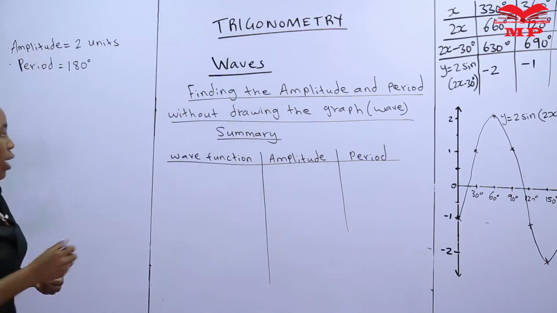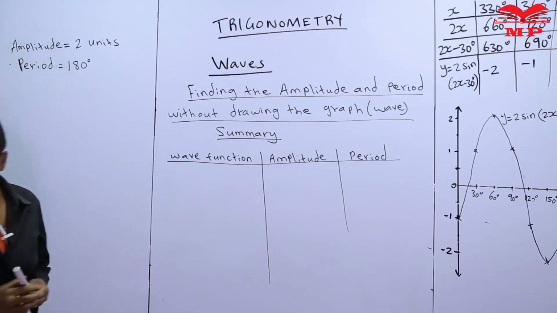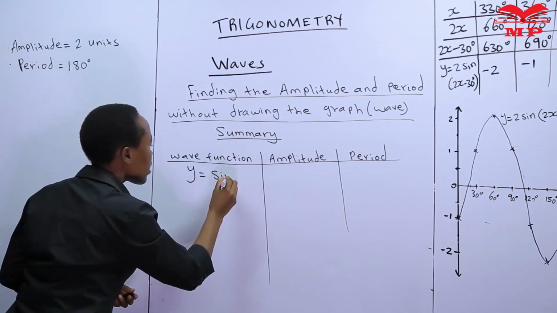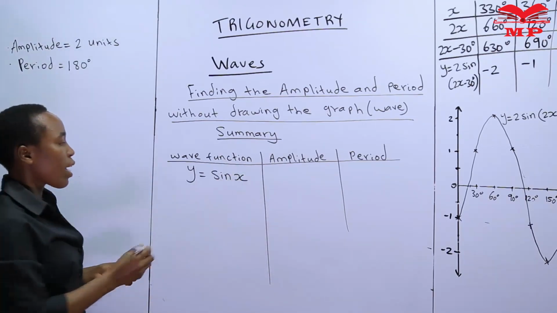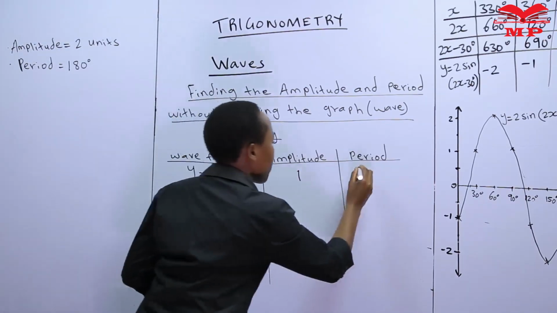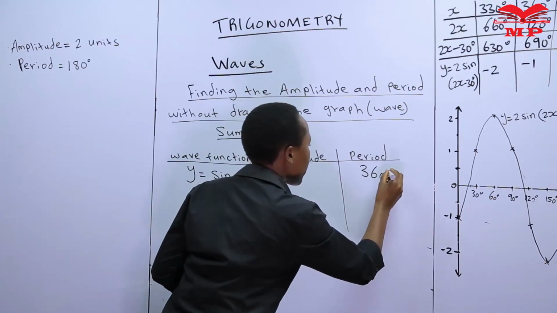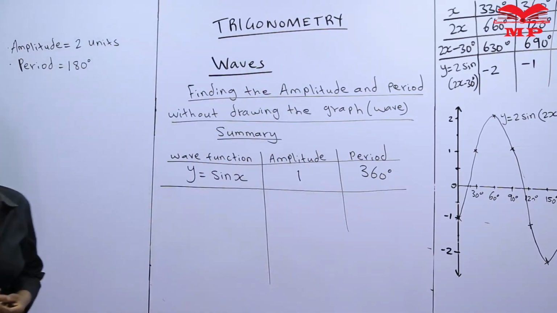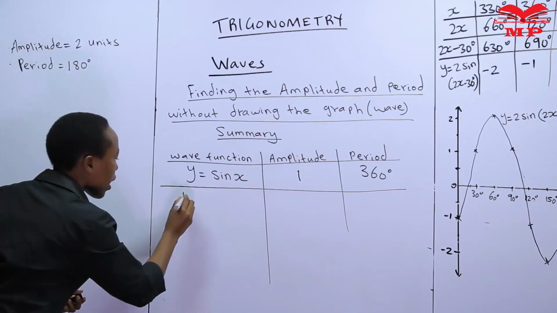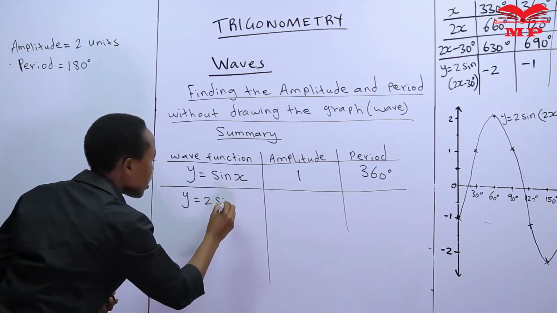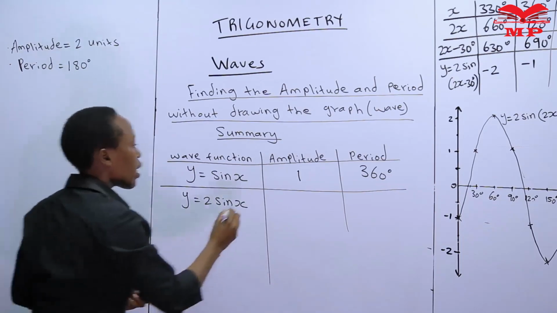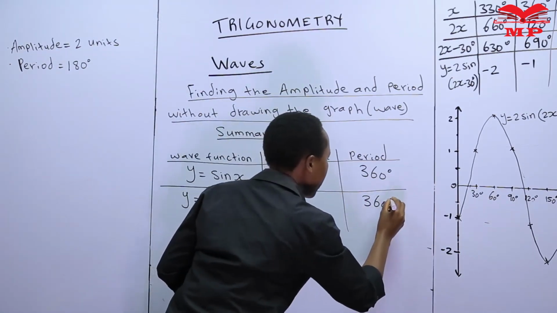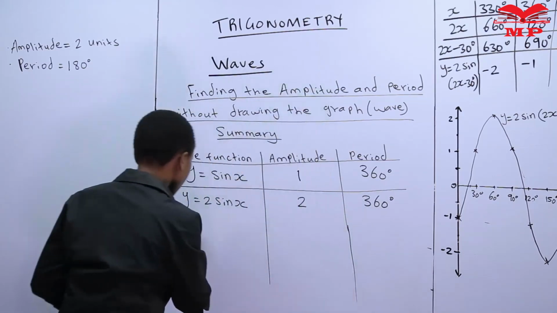In the first one that we drew, the wave function was y is equal to sine x, and the amplitude was 1, the period was 360 degrees. Again we plotted another graph, that is y is equal to 2 sine x, and here the amplitude was 2 and the period was again 360 degrees.